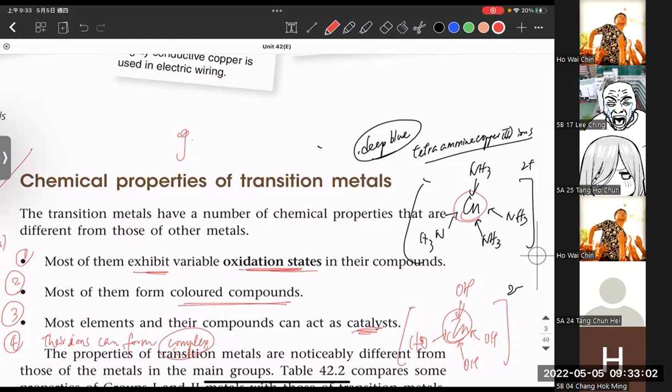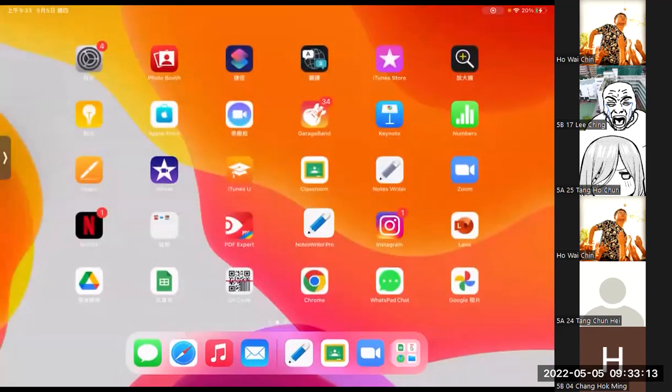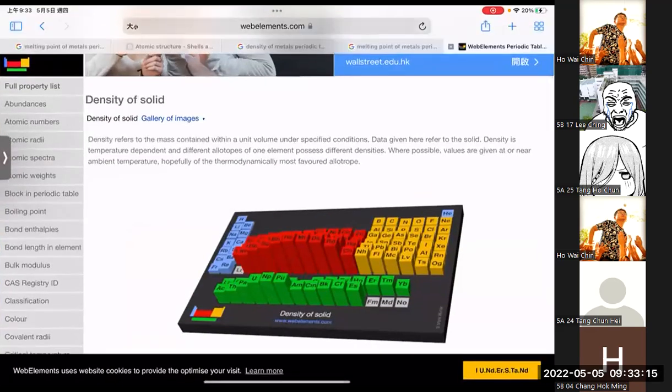Hemoglobin. Yep, hemoglobin. Please search hemoglobin on the web. Iron is the central metal ion in hemoglobin.